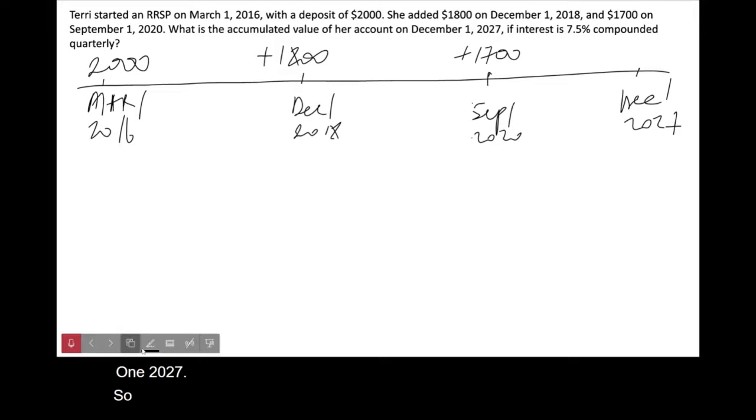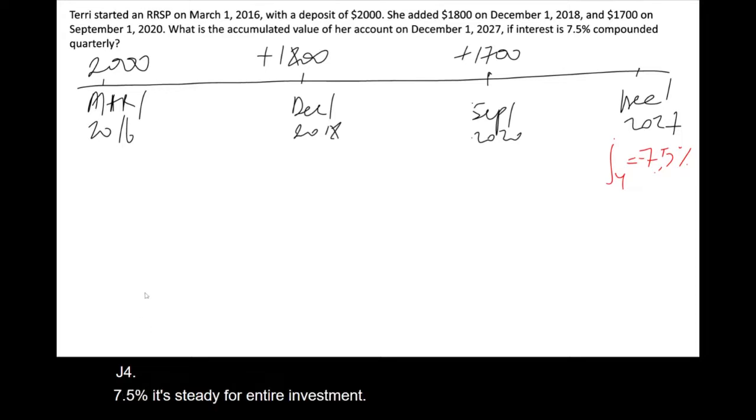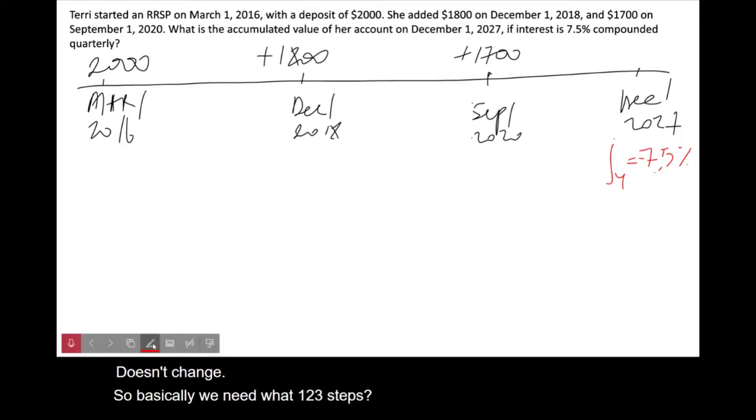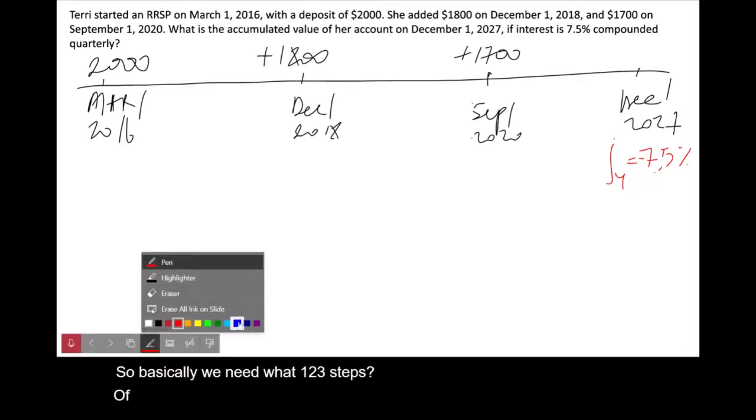So we have interest J4 7.5%. It's steady for the entire investment, doesn't change. So basically we need 1, 2, 3 steps of our calculations.